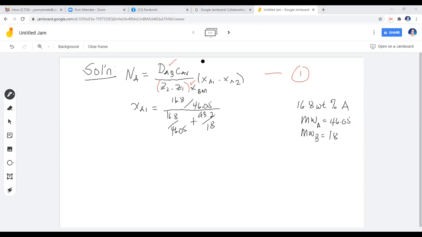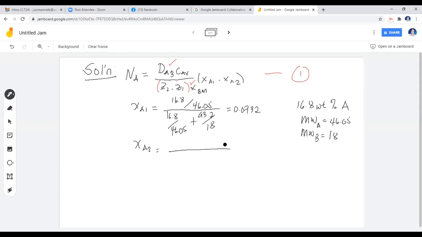So in this case, your mole fraction of ethanol now will be, will you check, 0.0732, 0.0732. This is at point 1. So if you need to determine point 2, the same principle applies.